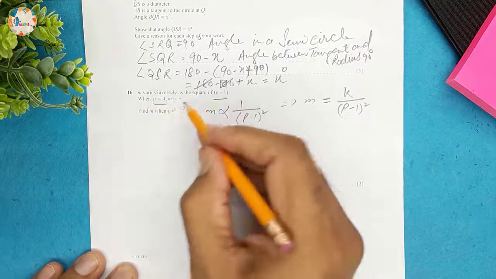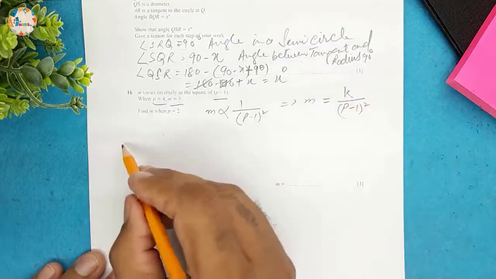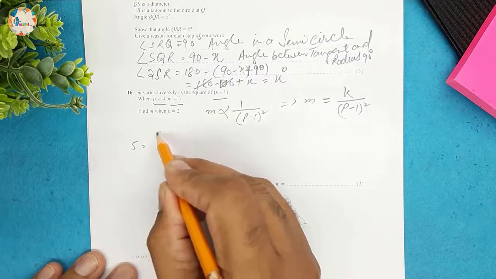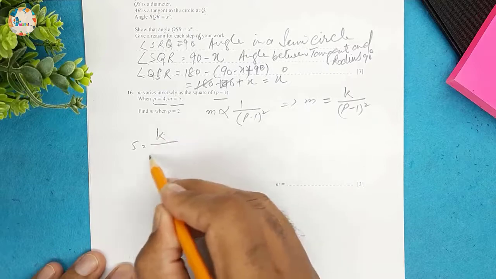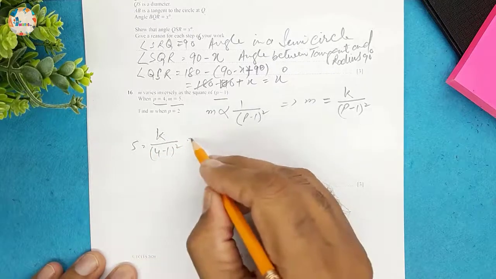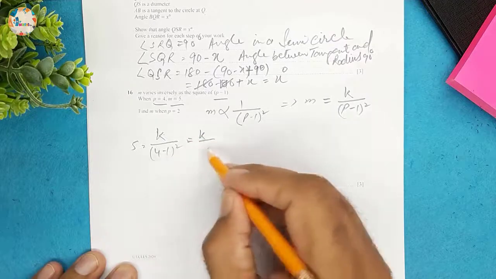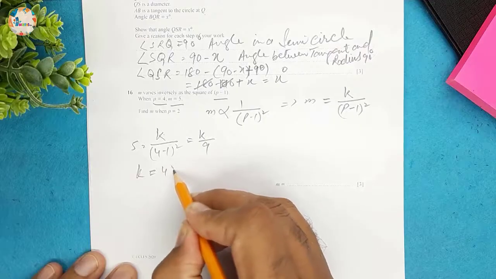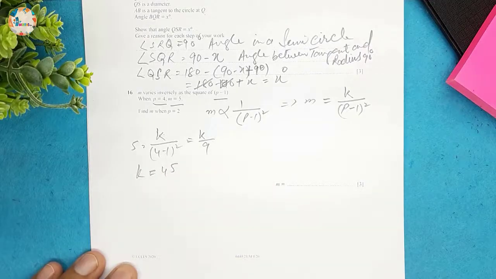When p is equal to 4, m is equal to 5. So m is equal to 5 is equal to k over (4 minus 1) squared, which is equal to k over 3 squared, which is 9, so k is equal to 45.